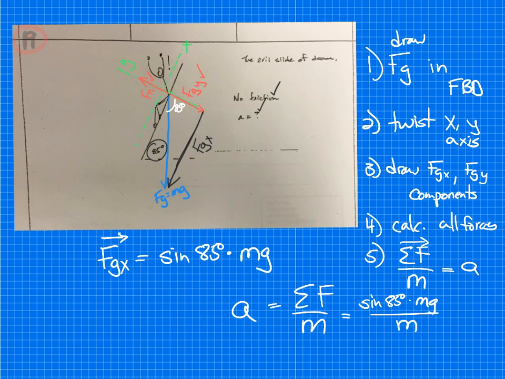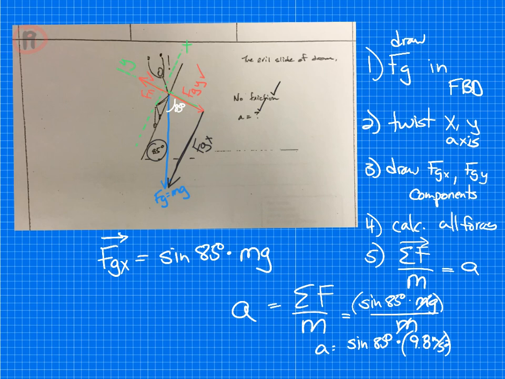We just plugged in an expression for the only force that's parallel, and the masses cancel out, so you suddenly realize that the acceleration is the sine of the angle, 85 degrees, multiplied by 9.8 meters per second squared, the g value, the acceleration due to gravity.